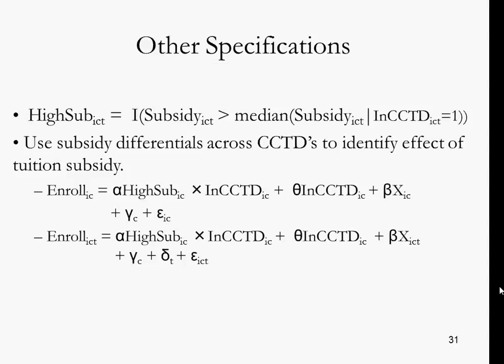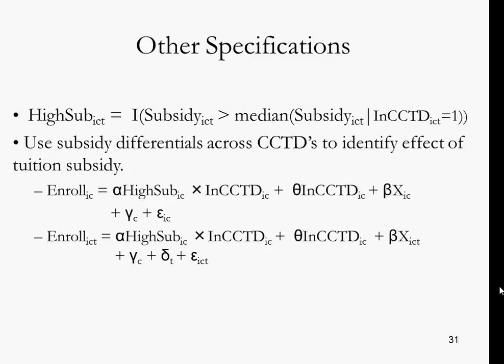And this way, we can identify this effect in addition to putting in essentially a dummy variable for whether you live in a community college taxing district, hoping that the coefficient associated with this variable, where is it here? Right here, this theta, is picking up all the other stuff that may be different across living in a district versus out of district and related to whether you go to school or not.